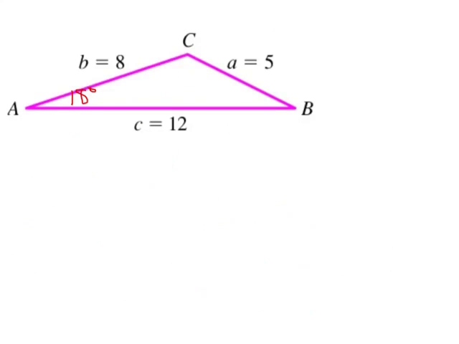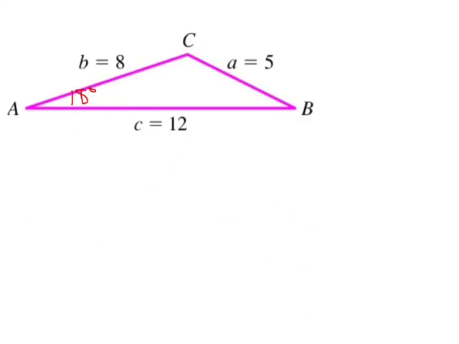Okay, so again, angle A is 18 degrees, and we need to find angle B. So I'm going to use the law of cosines.